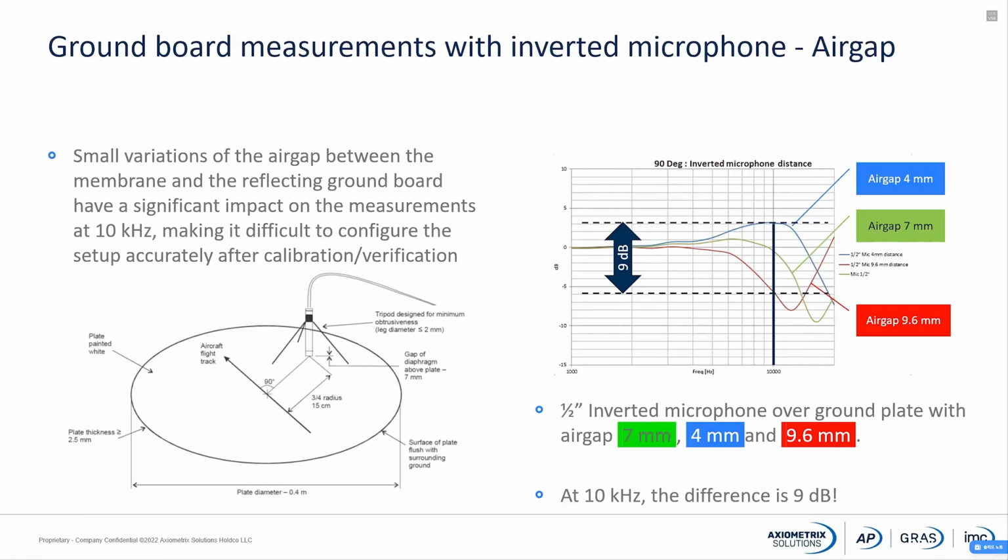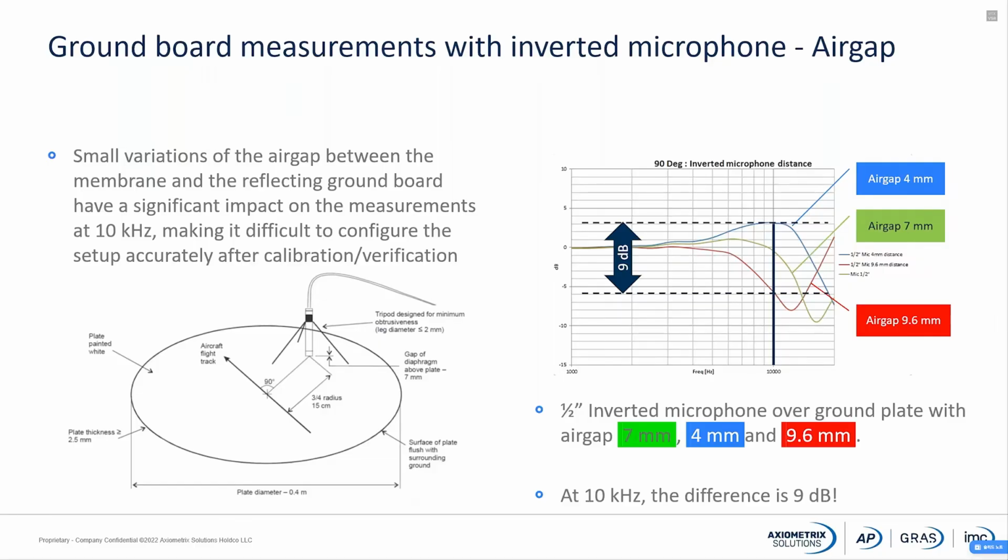So what does that mean in practical terms? Well, in practice, when you're actually doing the measurement, you have to place the upside down microphones around in a large area. Before the test, you would like to do a verification of your microphone and cable, and therefore you would like to do a calibration.